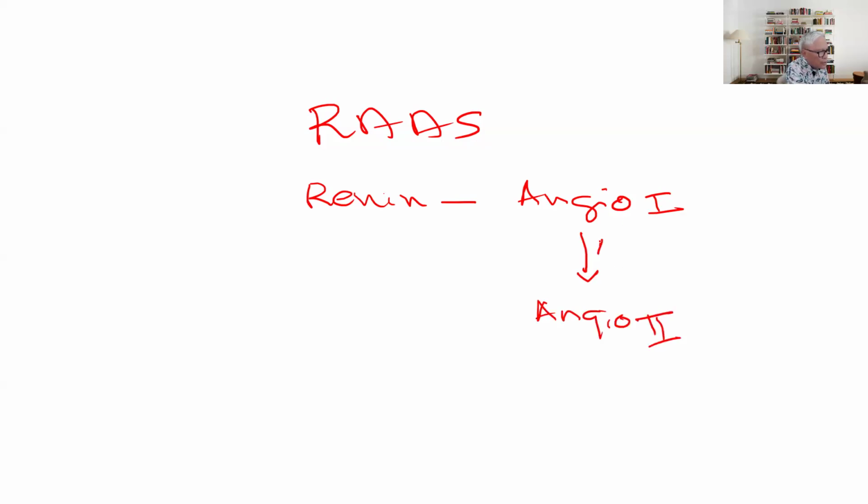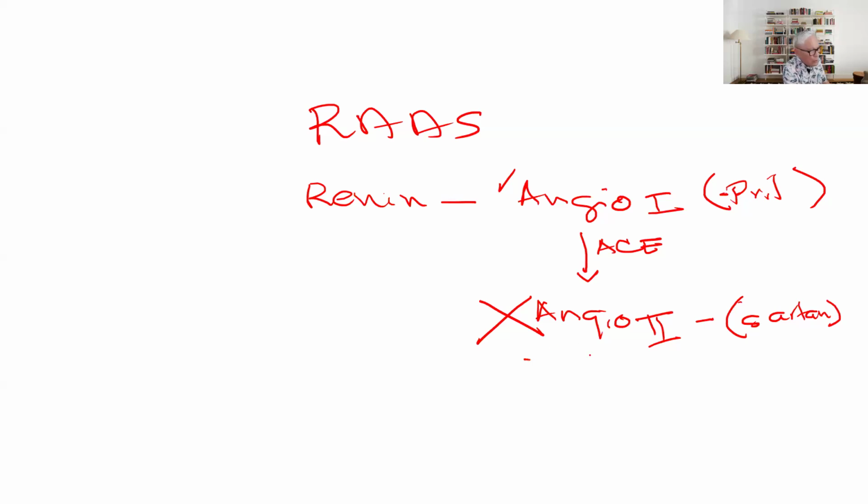Who converts it? ACE. So these are the medications that are pril. These are the medications that are sartan. Okay, so if you block angiotensin II, what happens? You will have vasodilation. Vasodilation then will make it a lot easier for the heart to pump against it.